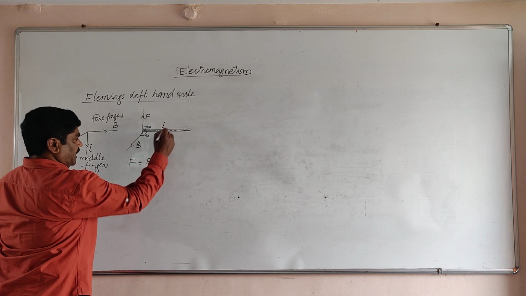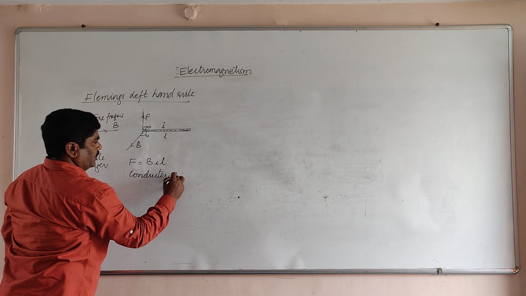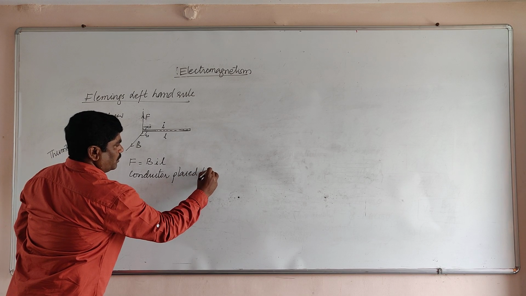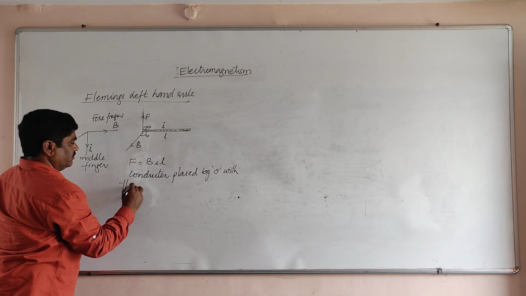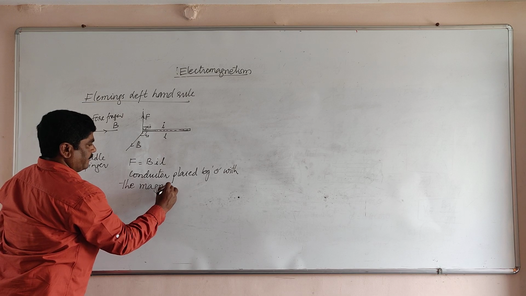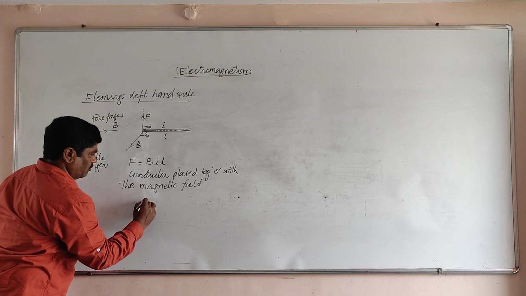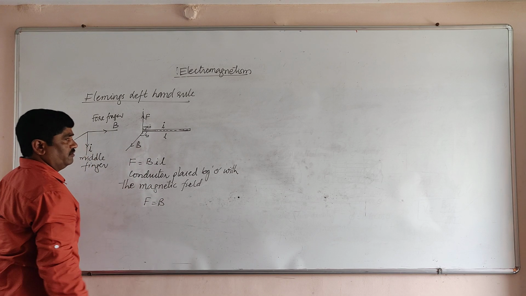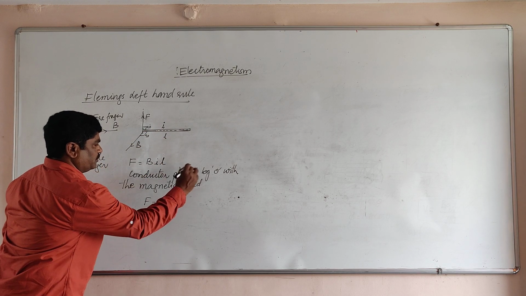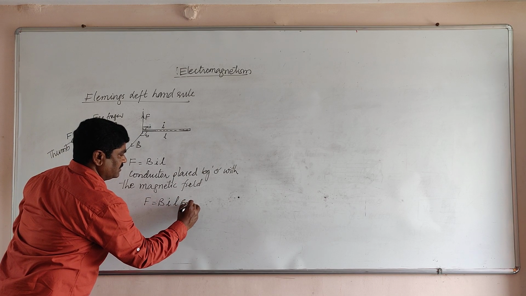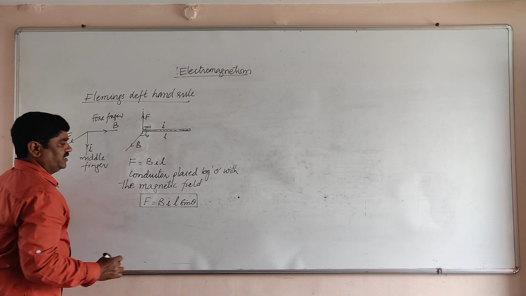But when the conductor is placed at an angle theta with the magnetic field, then the normal component, because the force is perpendicular to the magnetic field direction, of that particular length of the conductor is nothing but L sine theta. So here F is equal to BIL sine theta.